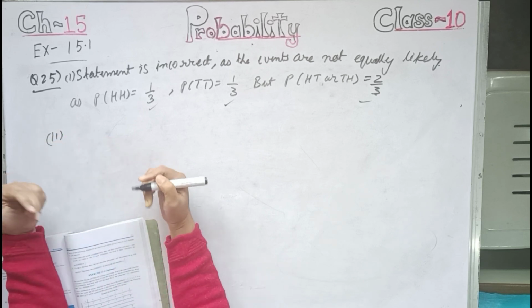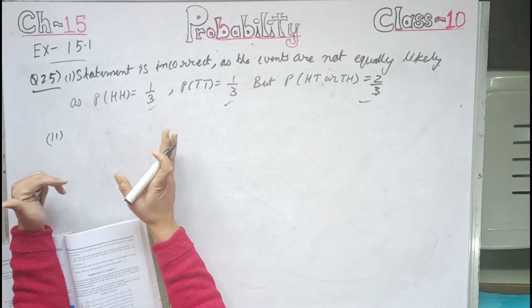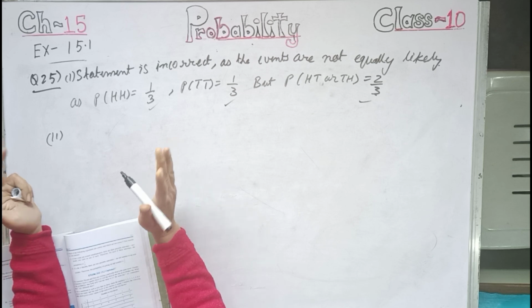Number 2, if a die is thrown, there are two possible outcomes: an odd number or an even number. Therefore, the probability of getting an odd number is half. Yes, it is correct.